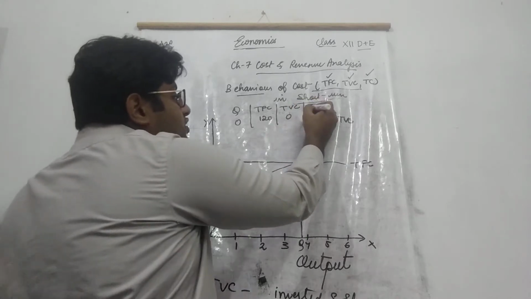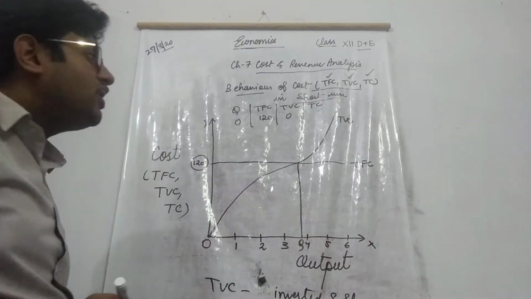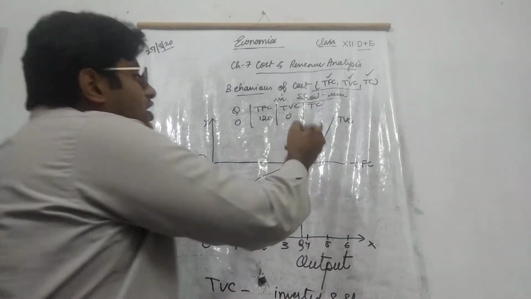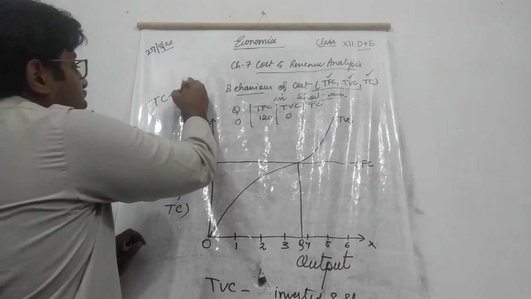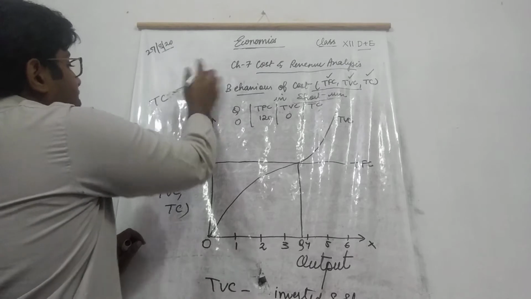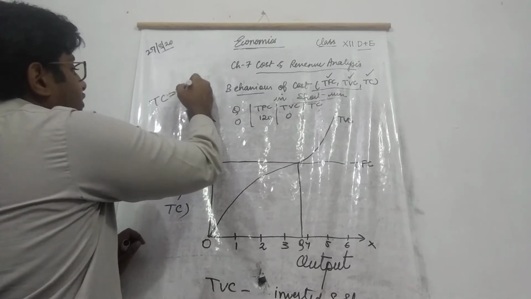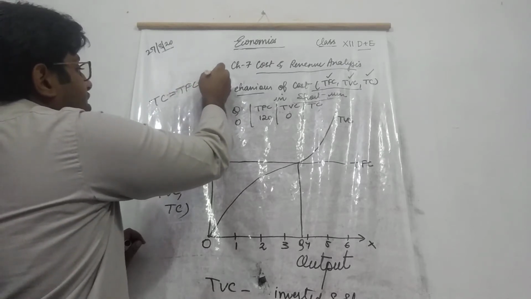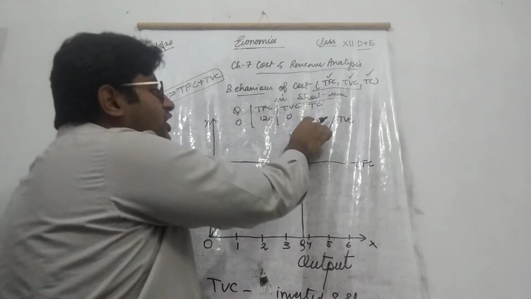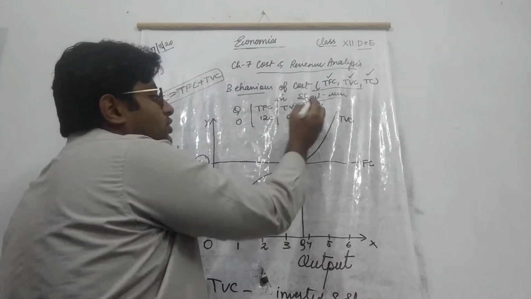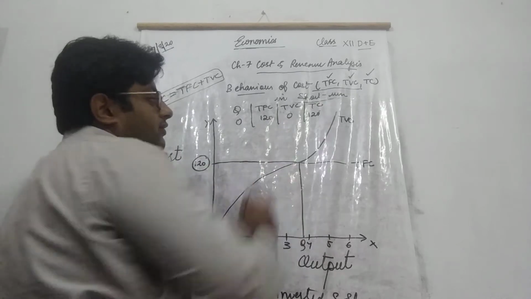But what was total cost at 0 level of output? I have already told you that total cost is nothing but the summation of total fixed cost and total variable cost. So what will be total cost here? 120 plus 0, that is 120.